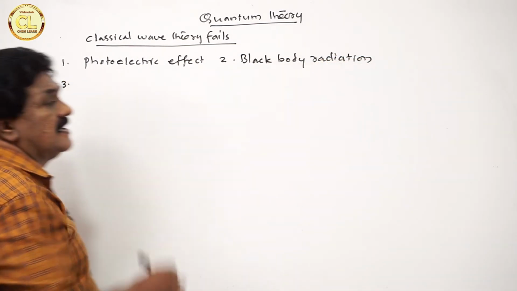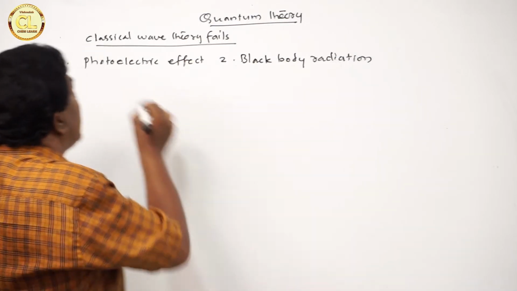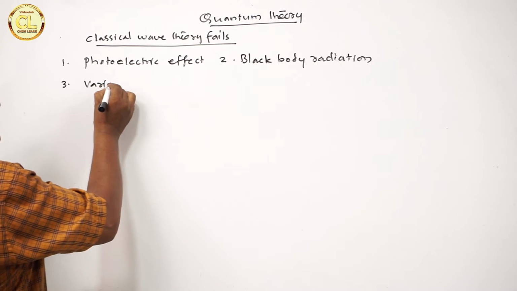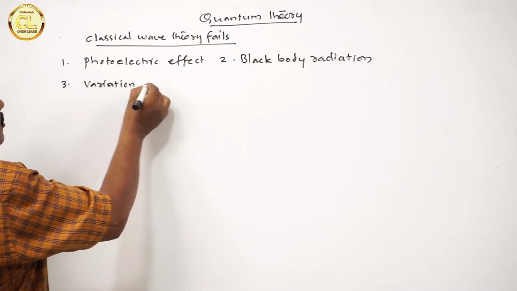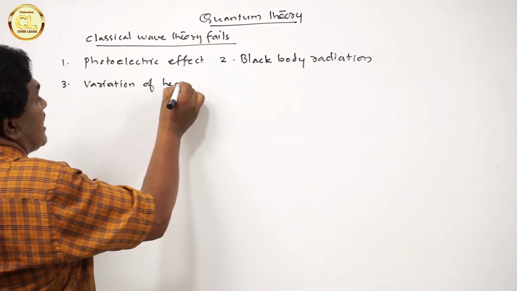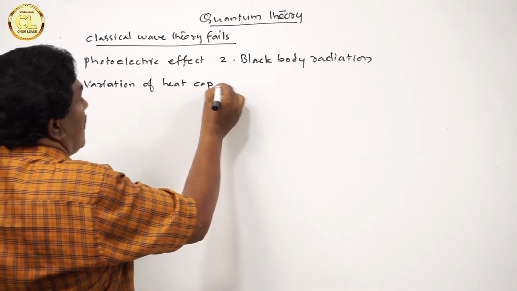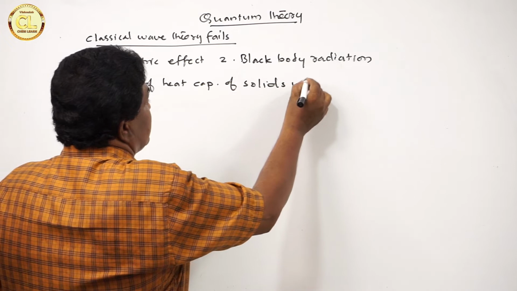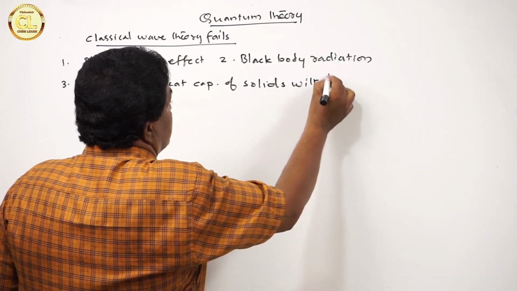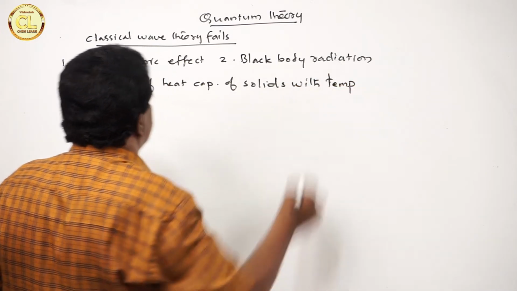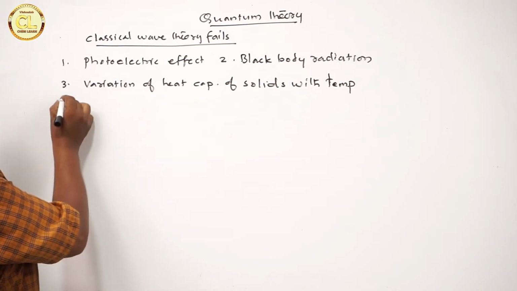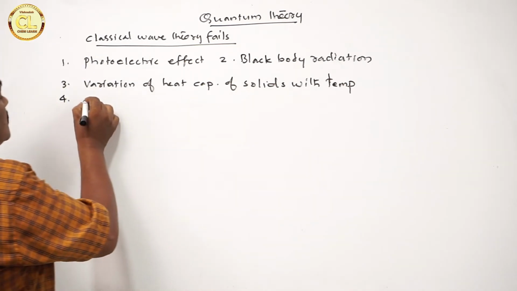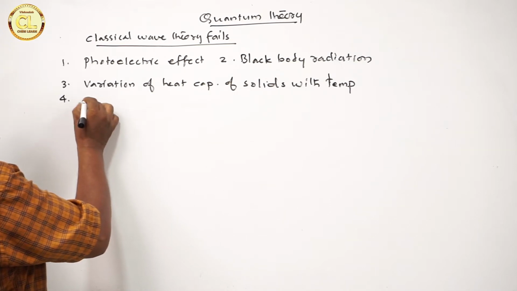Third one is, it fails to explain the variation of heat capacity of solids with the temperature. Fourth point is, it fails to explain the origin of hydrogen spectrum.